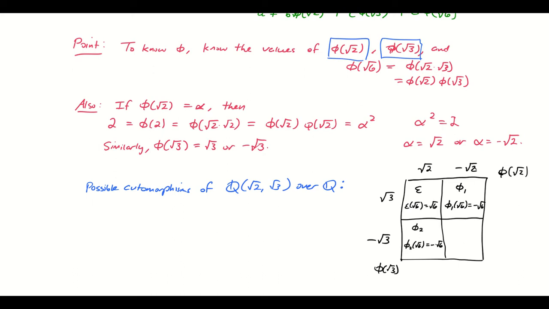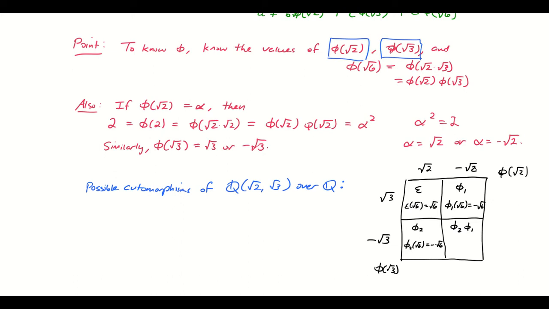And then finally, I have this other one. Now, I could call that phi sub 3, but that seems kind of uncreative because it's actually obtainable from the other automorphisms in my picture here. Okay, because if I take square root of 2 to negative square root of 2, that's what phi 1 does, and then phi 2 takes root 3 to negative root 3, but leaves root 2 alone, I claim that this other automorphism here can be expressed as phi 1 composed with phi 2.